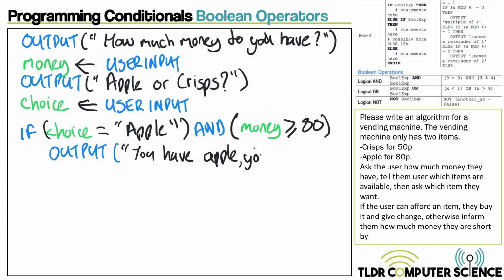You have, plus, to make the change, if you think about it, it would be money. So the money you had, take away the price of the apple, which will be 80p. Remember, if we do plus to a string, it will stick it on. And then we say change.